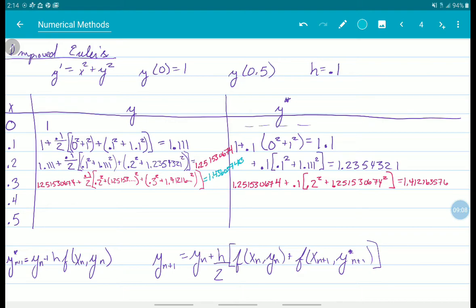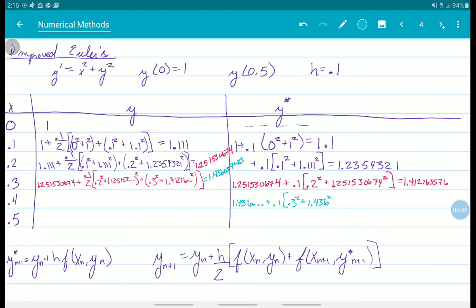So then the next y would be that number. When you're typing it in, keep all the decimal places. I'm going to have to abbreviate it here. Plus step size times the last x value plus that last y value.